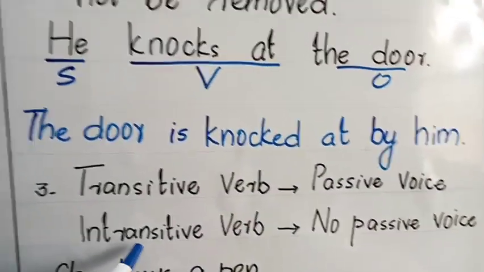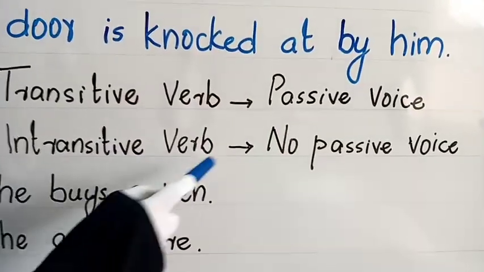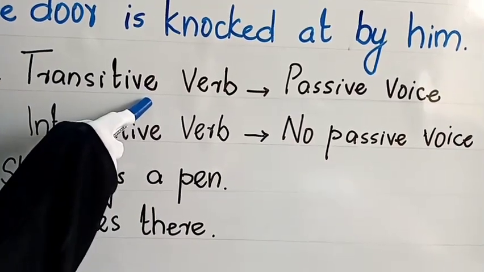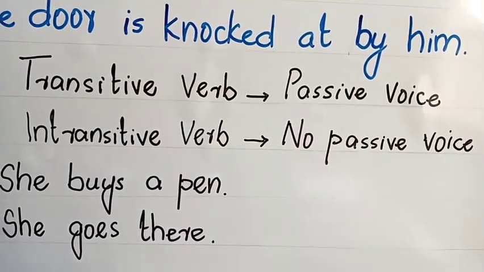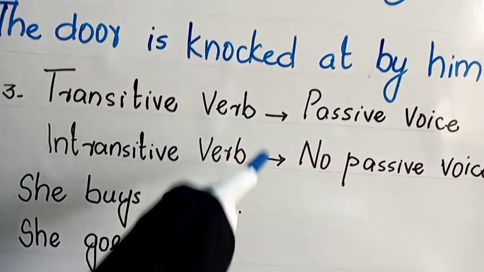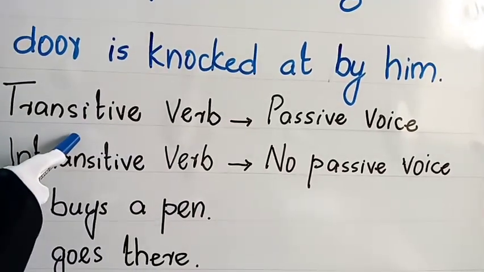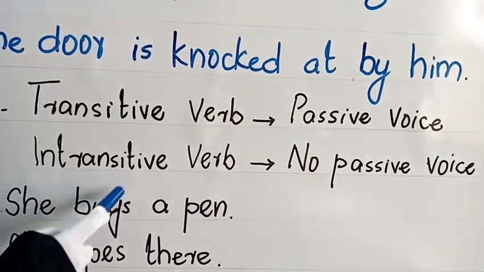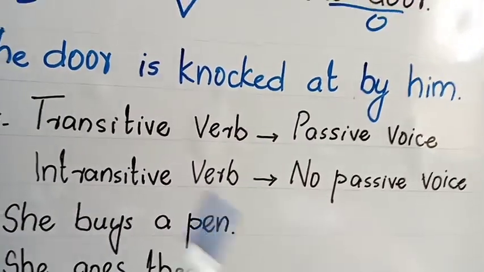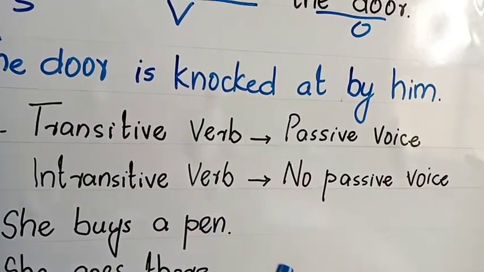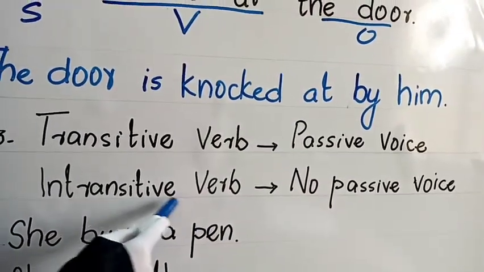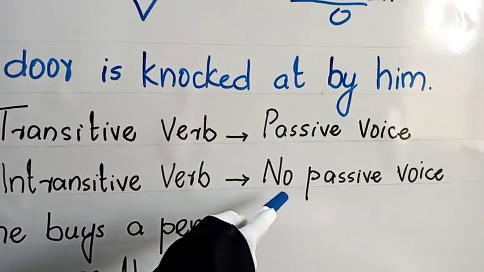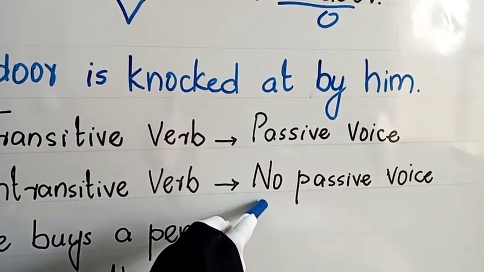But if there is an intransitive verb in the sentence, we cannot make its passive voice. What is a transitive verb? The verb which has one or more objects. A verb that has one or more objects is called a transitive verb, so its passive voice can be made. But what is an intransitive verb? A verb which has no object, which needs no object. A verb that needs no object is called an intransitive verb, and its passive voice cannot be made.